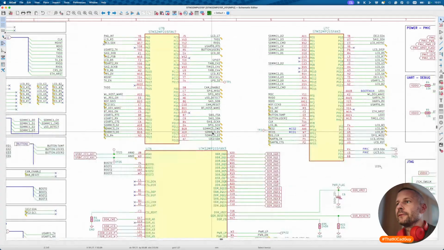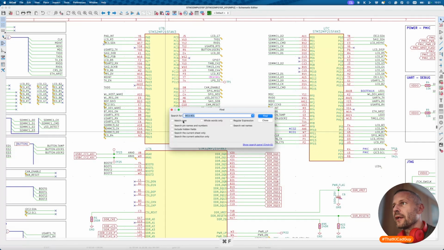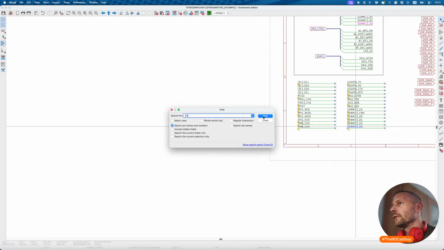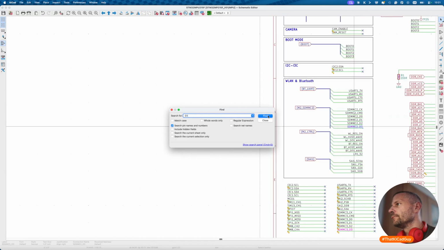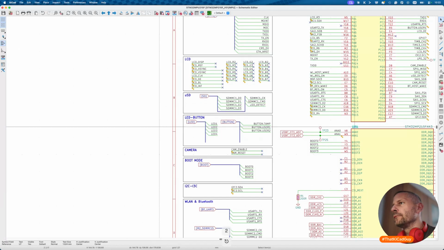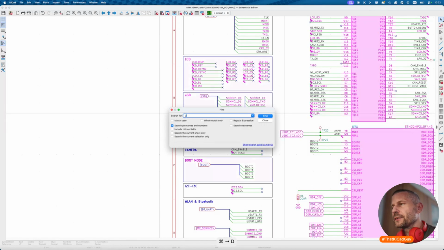I can't use the search because it doesn't search through the pin names. Oh, it does, but you need to check this box. These three.